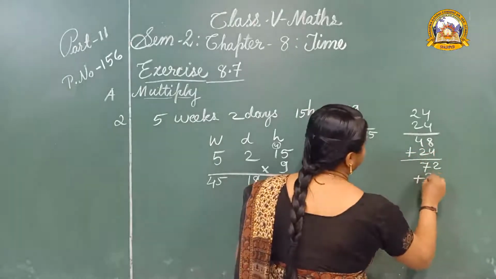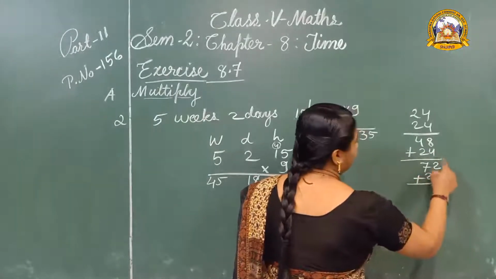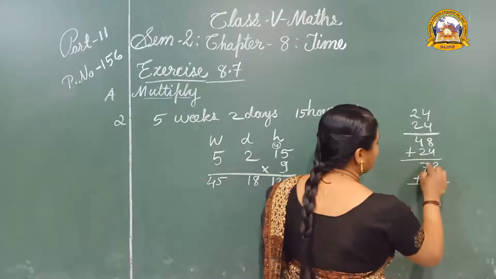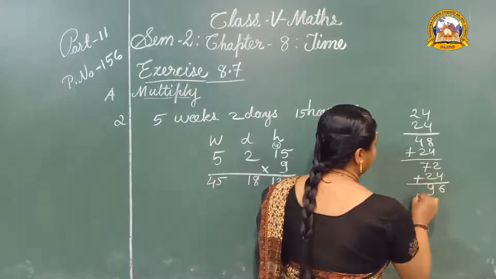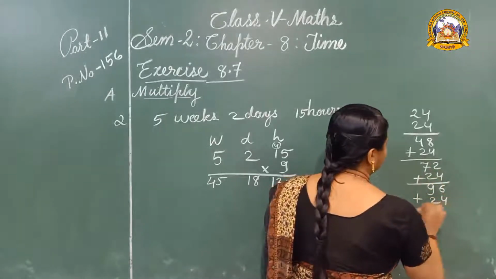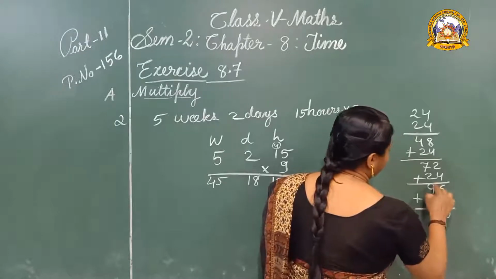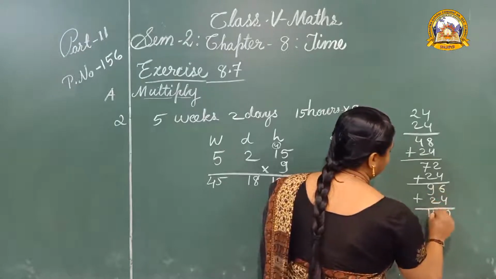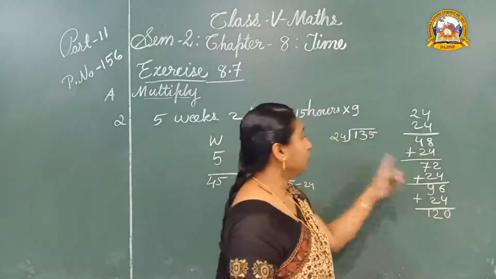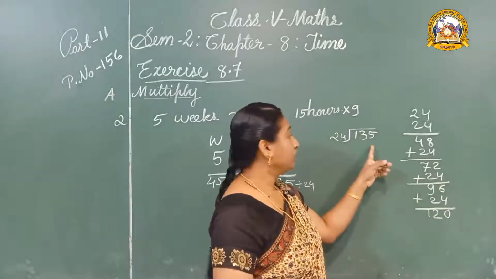Again plus 24, 96. Again 24, 120. Here only 135.